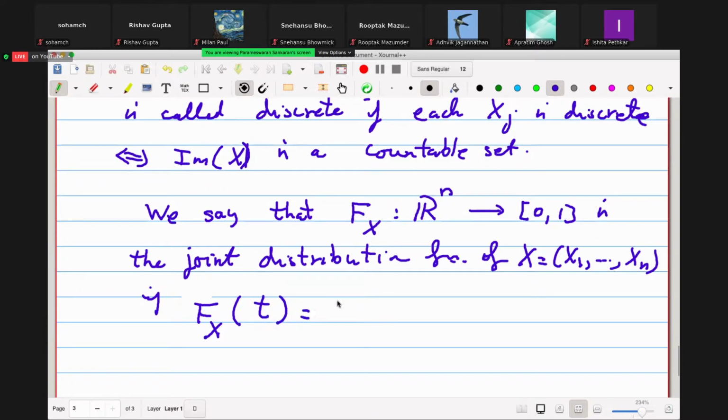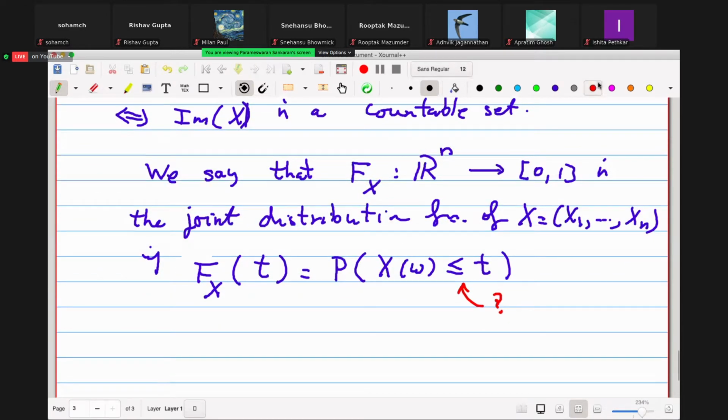This is equal to the probability of x of omega less than or equal to t. Now this requires an explanation. What do I mean by that? I should explain this, because now both are vectors, you see.